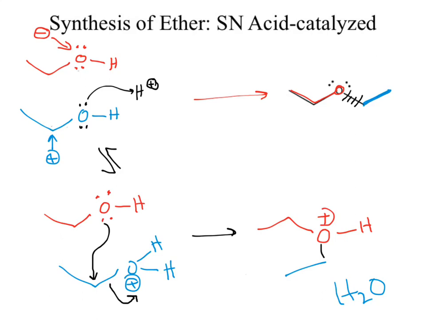H2O is a nice, reasonable leaving group, not too bad. Does oxygen want to be positive? No, so what does it do? It's going to grab the electrons from the closest possible source possible. What's the result? There's our ether.